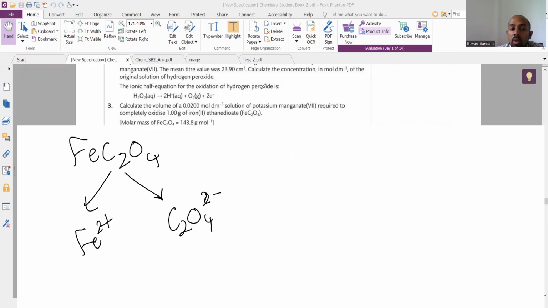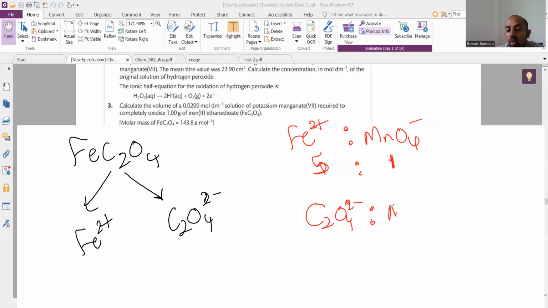We got the ratio Fe2 plus to MnO4 minus is 1 to 5, and the ratio between C2O4 2 minus to MnO4 minus is 2 to 5. This is what we have discussed last week. The ratio 1 to 5 and 2 to 5.